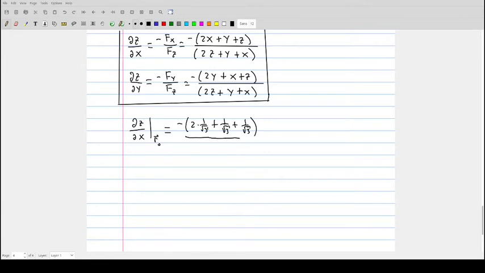And this is going to be divided by 2 times 1 over the square root of 3 plus 1 over the square root of 3 plus 1 over the square root of 3. And the numerator here is the same as the denominator here, so this is just going to be negative 1. And likewise, dz dy at the point r0, I'll let you plug in for this one. You plug in right here. This will also be negative 1.